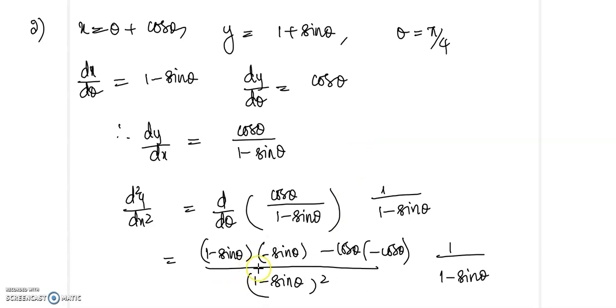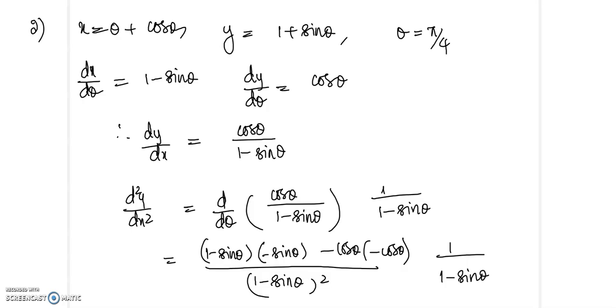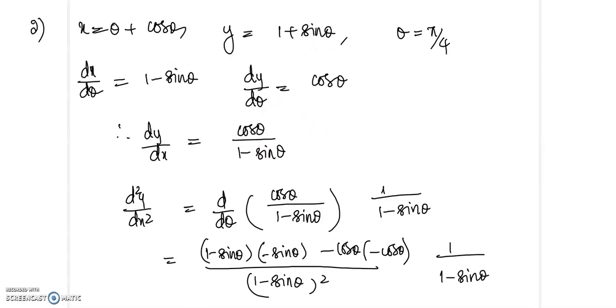So in the numerator, that will be equal to minus sin theta plus 1, by, okay, it is 1 minus sin theta whole cube. So that is going to be equal to 1 by 1 minus sin theta whole square. So that's the value of d square y by dx square.